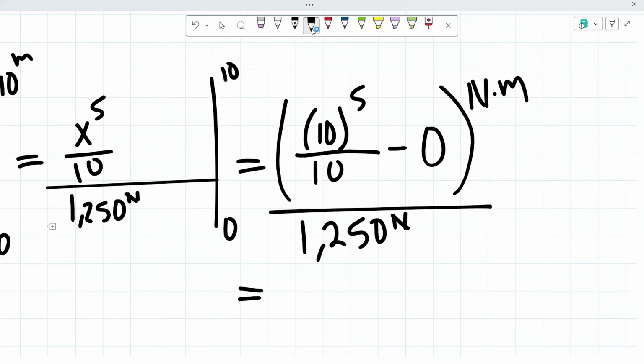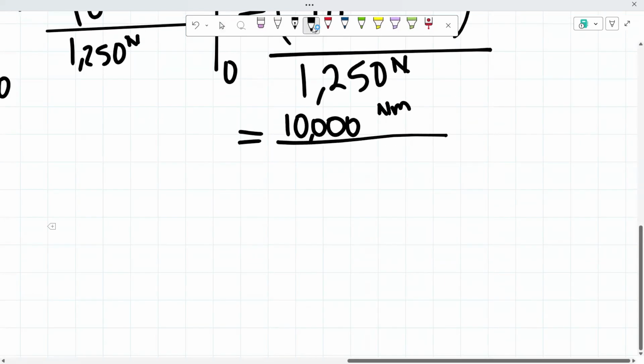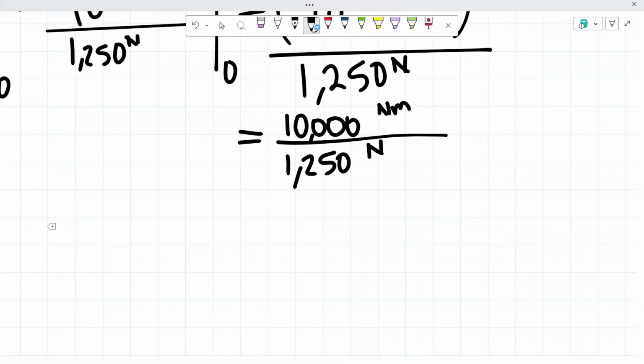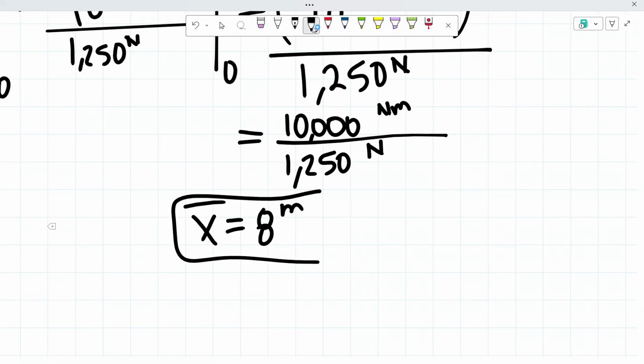And that should end up giving you 10,000 newton meters over 1,250 newtons, giving us that the location of the single concentrated force is exactly 8 meters away from point A.